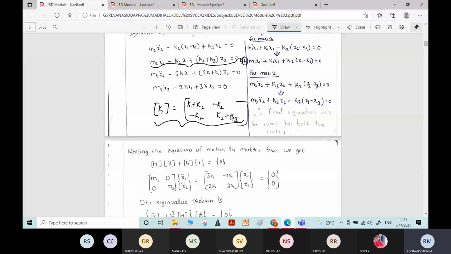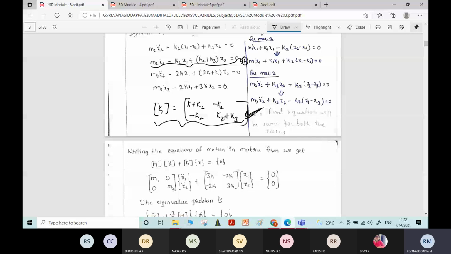All of you remember this matrix. If any problem is given corresponding to two masses, you will get the same generalized equation. Even if you get something wrong in the matrix, you need to correct it and bring it to this stiffness matrix.